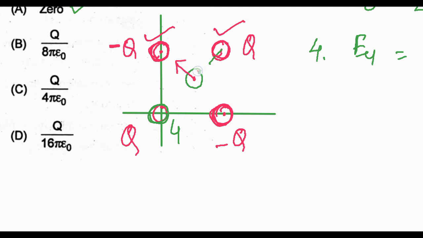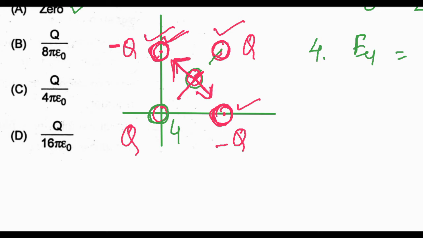At this point, due to this negative charge, the direction will be like this. Again, due to this negative charge, the direction will be like this, and these two are of the same magnitude because q by 4 pi epsilon naught r square, and r here is constant because this is the middle point of this line. So now these two are cancelled out.